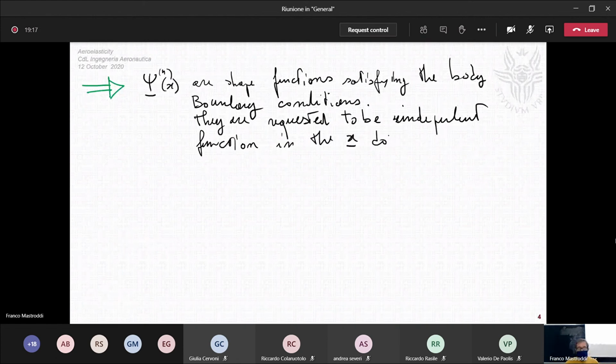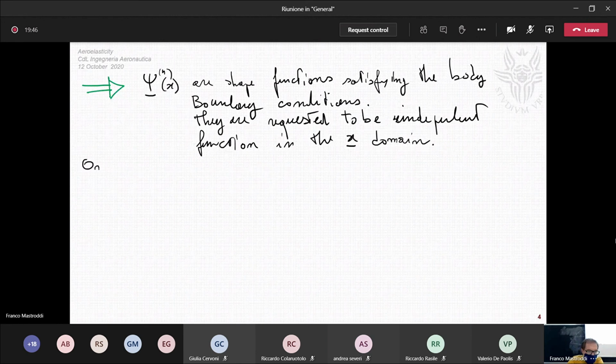What does it mean? Instead of clarifying this point, I prefer to do directly a practical example of psi function and the corresponding Qn function. And this is the case of finite element discretization.